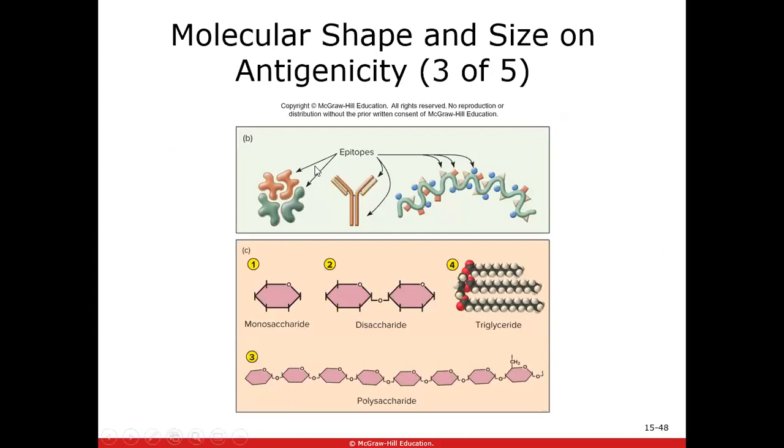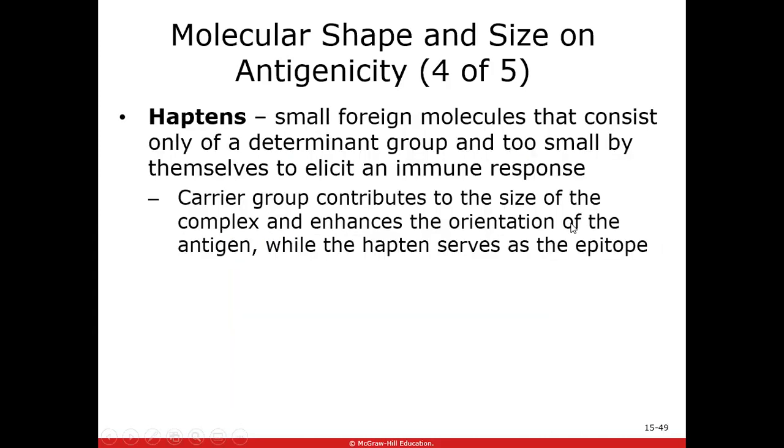These are the epitopes, and they fit onto the active site of the immunoglobulin. Those are the ones that will attach. You don't have to know those as specific. Haptens are small foreign molecules that consist only of a determinant group, and they're too small by themselves to elicit an immune response.